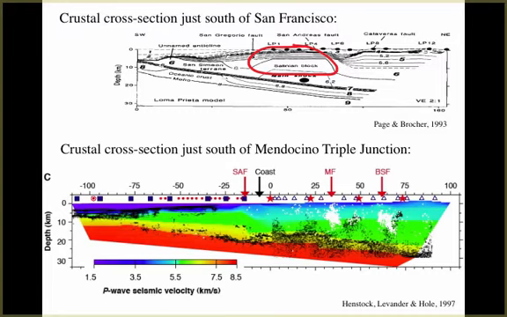The Calaveras Fault is another near vertical structure that is also a right lateral strike-slip fault, also accommodating plate motions between the Pacific Plate and the North American Plate.